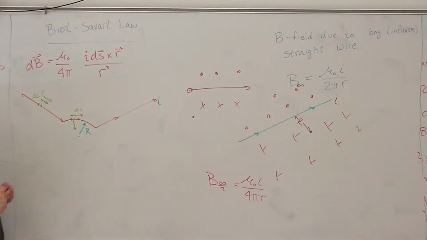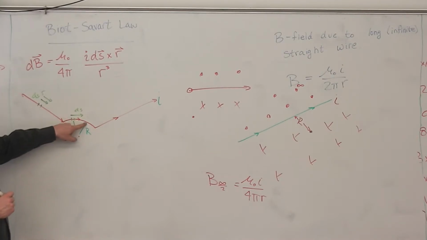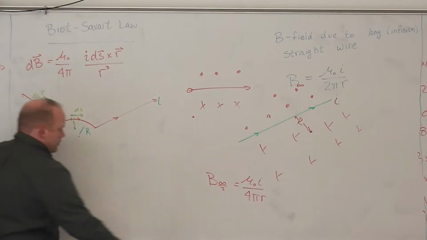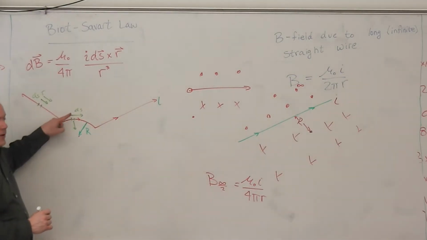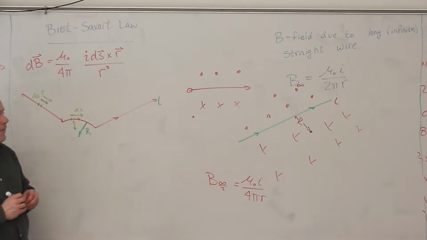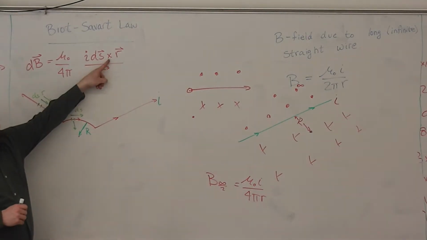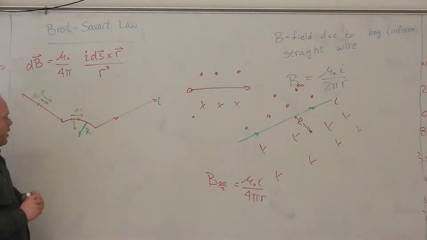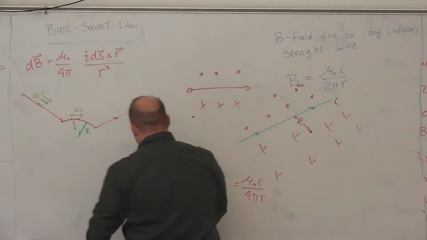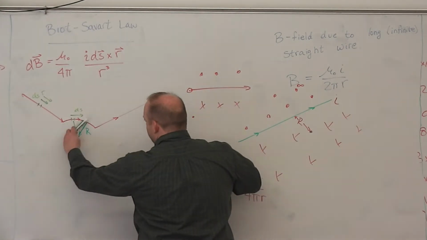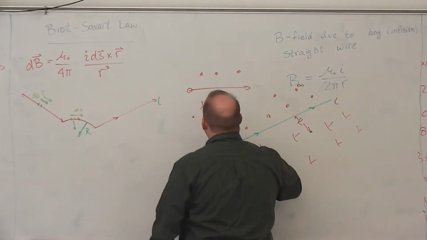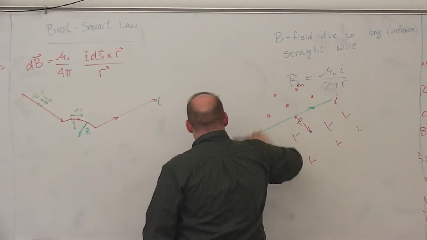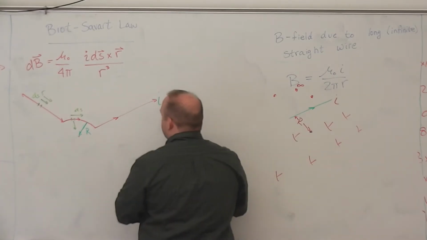I should have r pointing the other direction over here, but in this case, at this location, these are at right angles. So the cross product becomes 90 degrees, sine of 90 is 1. So all I'm concerned about is the magnetic field from here. A similar argument applies here. I have no contribution to the magnetic field at this point right here.